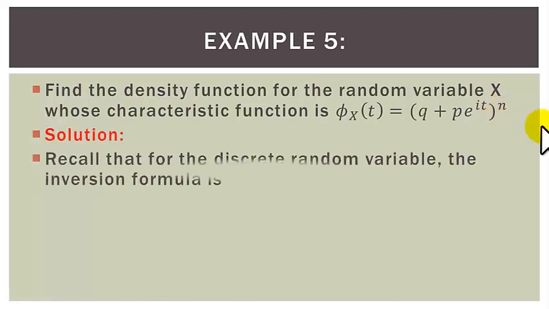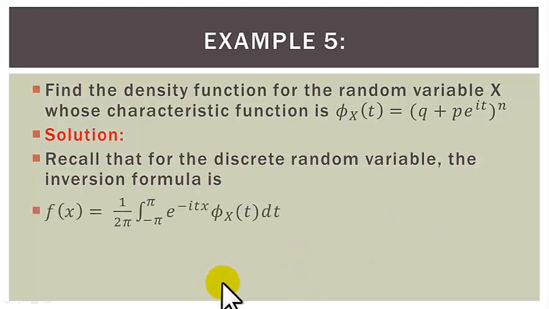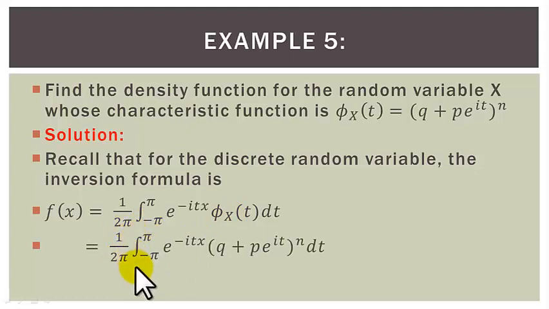We recall that for a discrete random variable, the inversion formula is given by this: f of x equals 1 over 2 pi, integral from minus pi to pi, exponent minus itx times the characteristic function with respect to t. Let us substitute for the characteristic function here. So this will then give us 1 over 2 pi, integral from minus pi to pi, exponent minus itx times the characteristic function with respect to t.